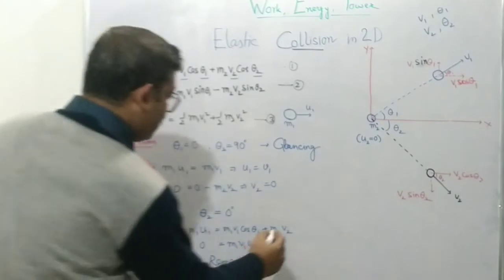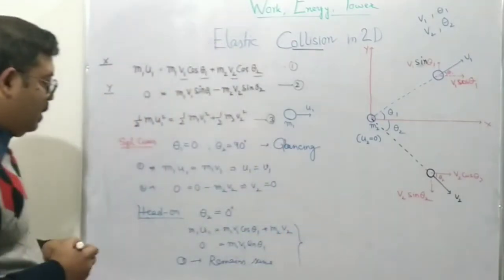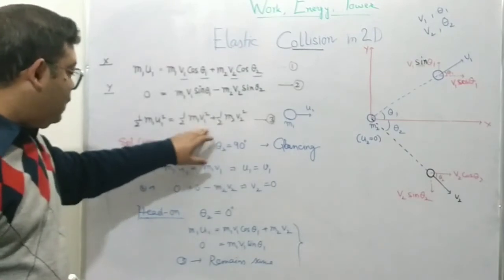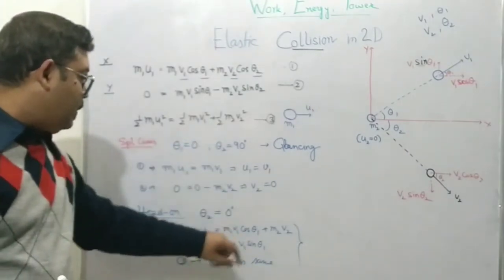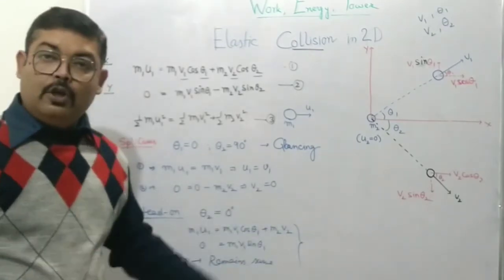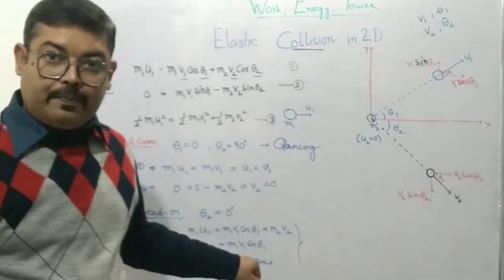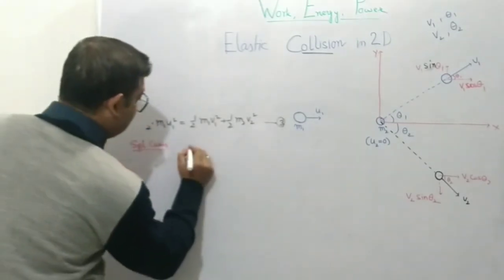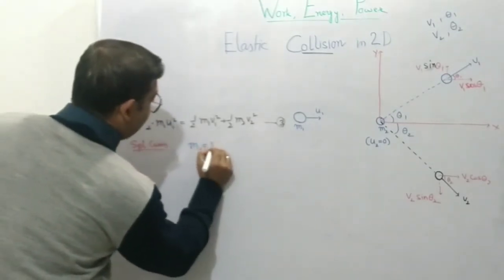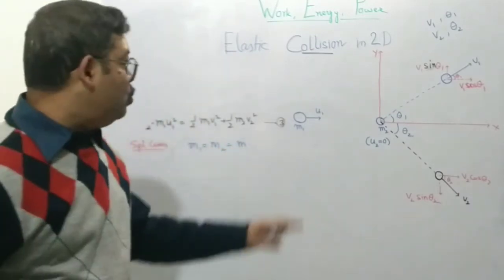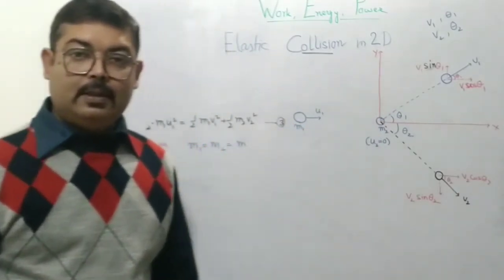Now if you look at this, we have three equations, and we have three unknown variables, V1, theta 1 and V2. So we will be able to solve these equations. Alright, now let's take up the third case, when M1 equals M2 equals M. That is to say, the two particles have the same mass.